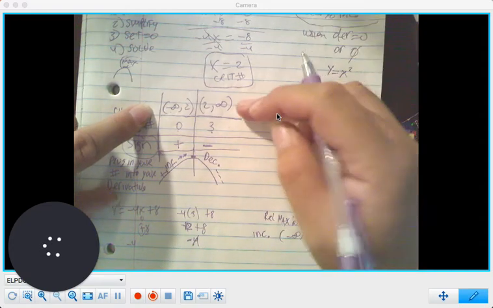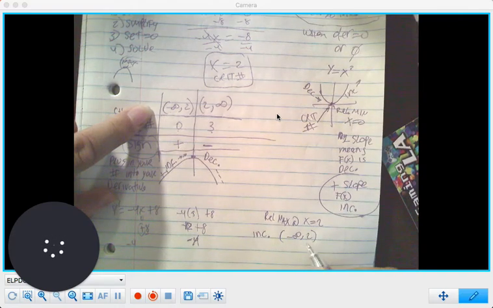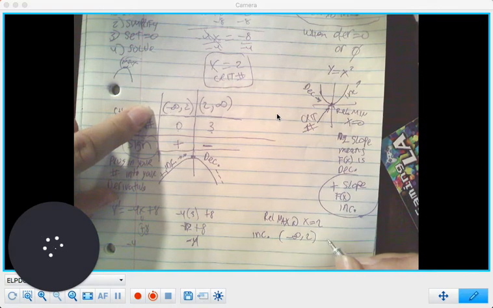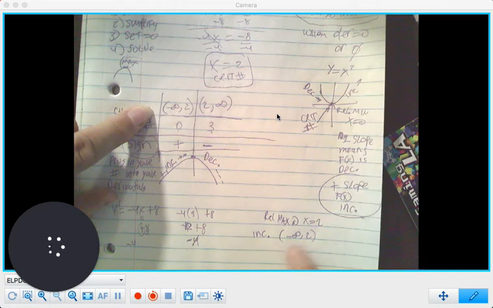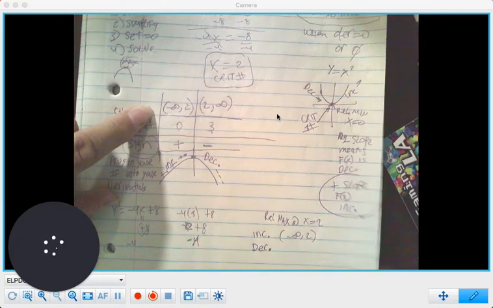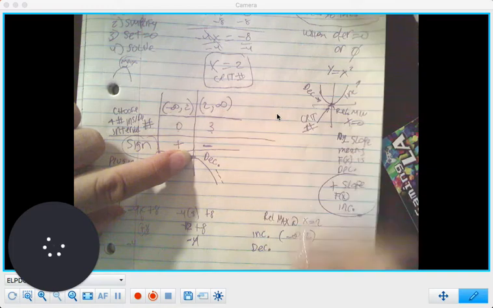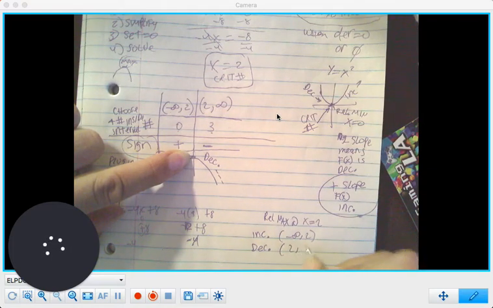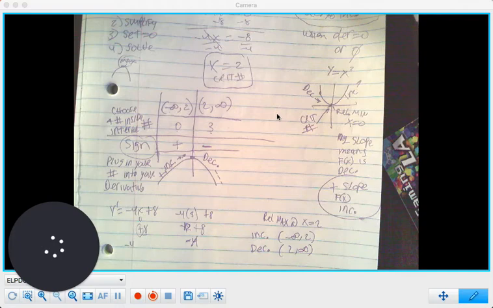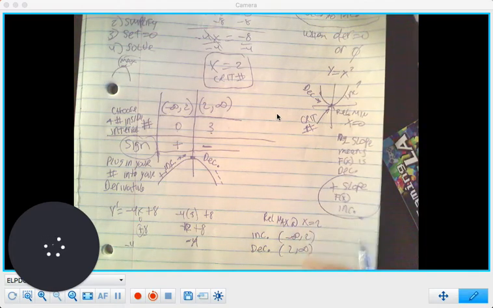So you're going to have 2 or 3 intervals where the function is increasing. So you would put negative infinity to 2, comma, and then for example 3 to 7, comma. So you write all the intervals where the function is increasing. And then you write the intervals where the function is decreasing. In this case, it's just from 2 to infinity. You have to have all the increasing and all the decreasing. If you have another interval and you didn't write it here, then your answer is wrong. You have to put all of them here.